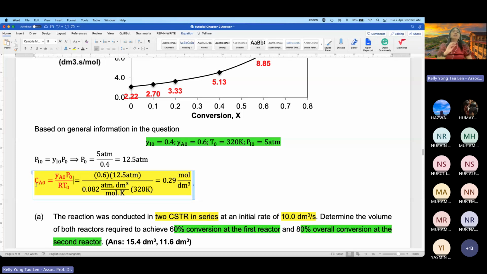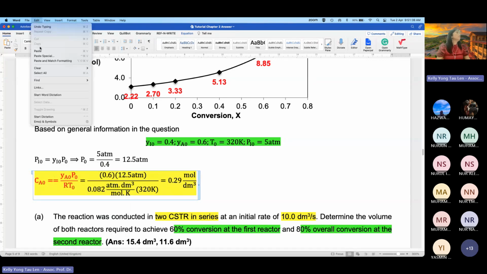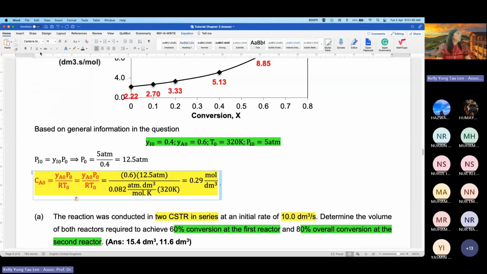So you look back. CA naught is what I want to find, right? So it becomes the focus of my equation. I want to find CA naught. The equation gives you CA naught equals, and there are two versions of the equation. If you remember, there are two versions. So let me write it back, because I worry that you may not remember there are two different versions depending on the information.